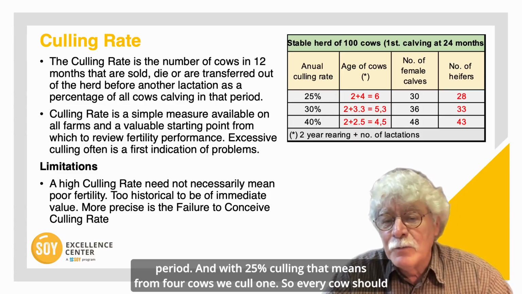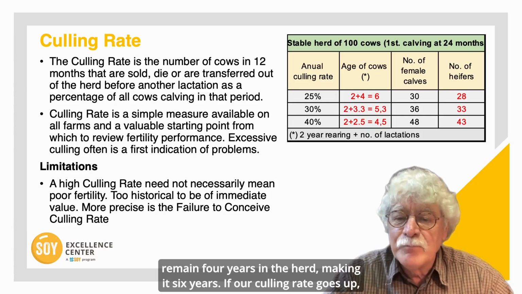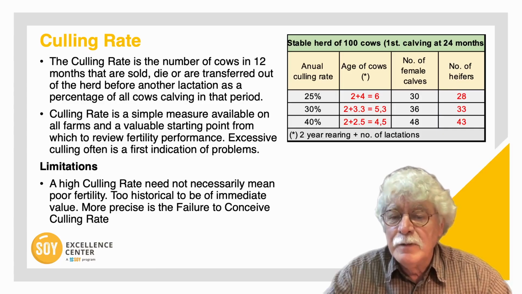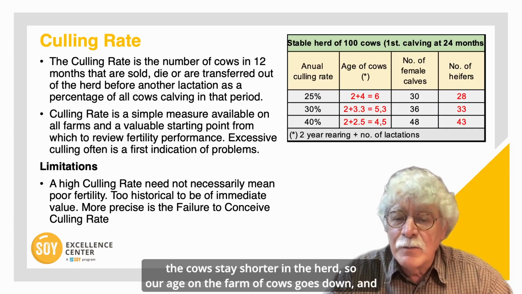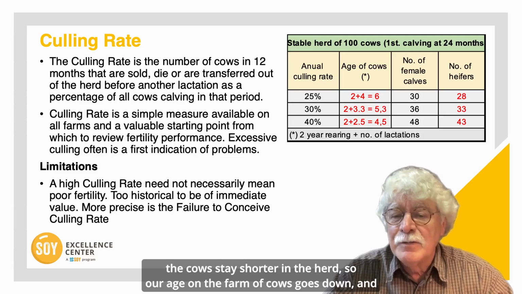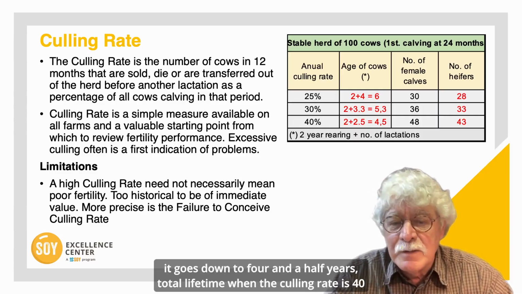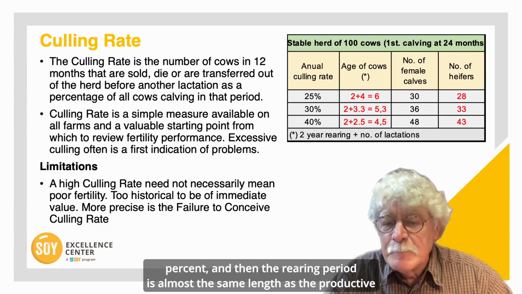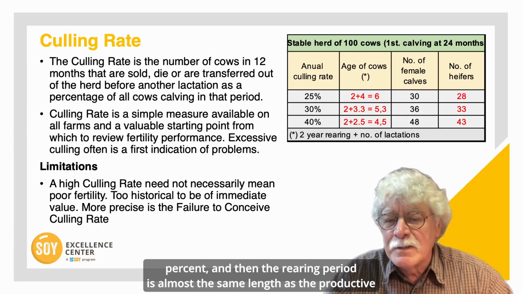So every cow should remain 4 years in the herd, making it 6 years. If our culling rate goes up, the cows stay shorter in the herd, so our age on the farm of cows goes down, and it goes down to 4.5 years total lifetime when the culling rate is 40%, and then the rearing period is almost the same length as the productive period.